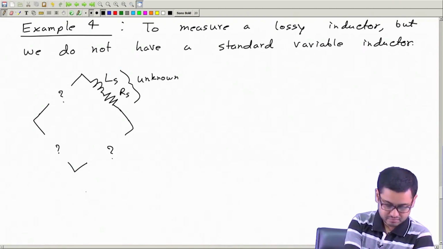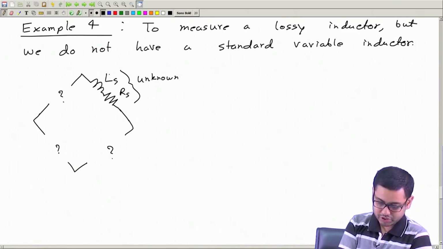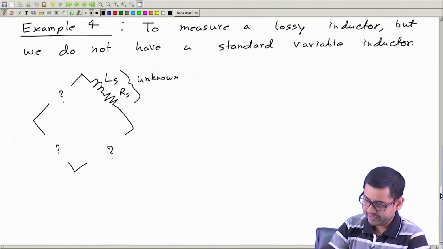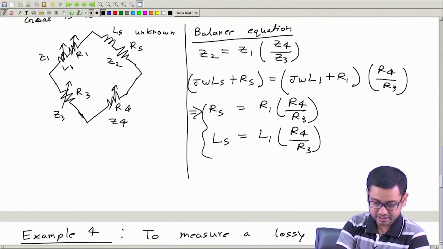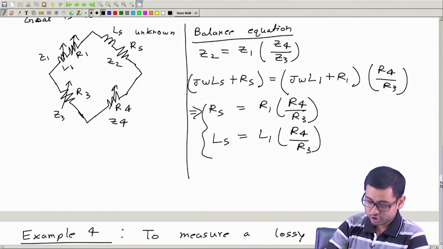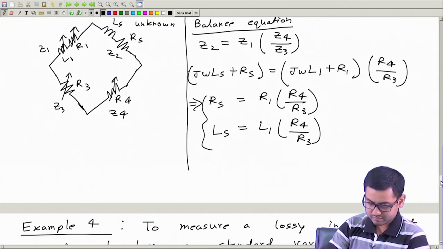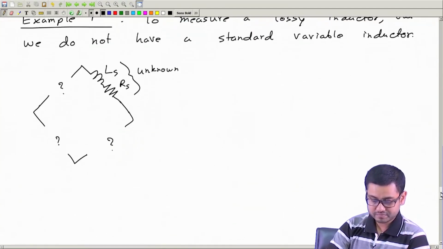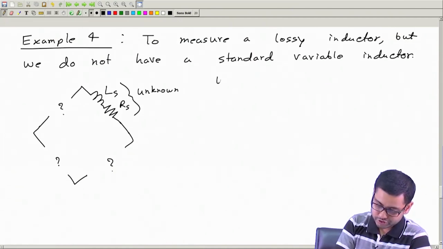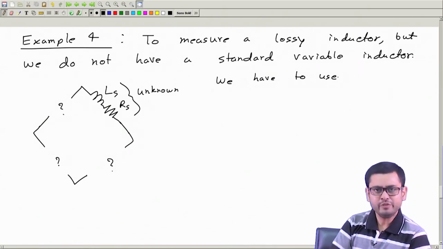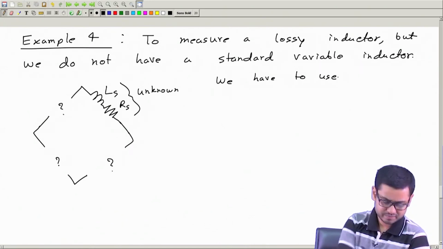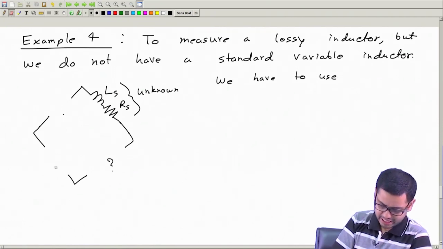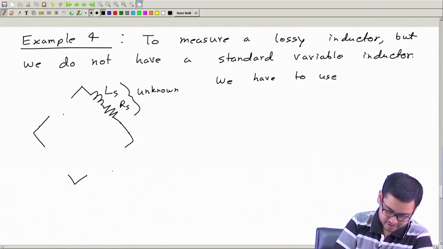Okay. Now, we cannot use a variable LR as we did here, that is not available. So what can we do? Can we use just only resistance? Simple question. Can we use only resistance like this?